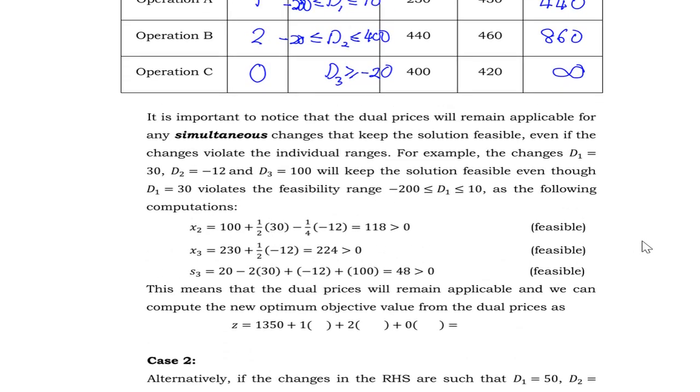so this is the second example where all three conditions are feasible. So you can calculate the new value for Z. Z is 1350 plus the change here. So here the change, D1 30, negative 12, and 100.